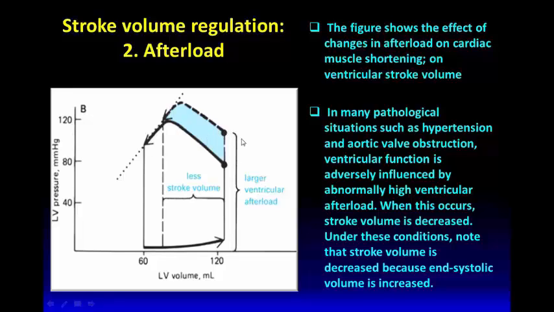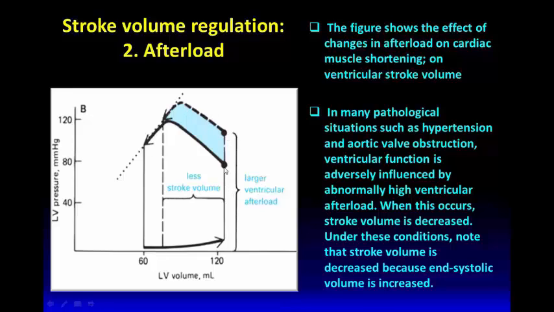So the left ventricle should work harder to generate these 110 millimeters of mercury and slightly above 110 millimeters of mercury in order to open the aortic valve and begin ejection into the aorta.